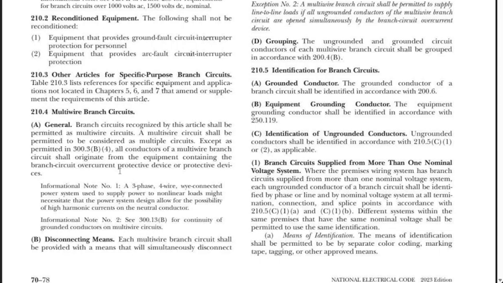But the way the code writes it is, all conductors of a multi-wire branch circuit shall originate from the equipment. Notice they're not saying the panel. They're saying from the piece of equipment that has the overcurrent protection device. There are all kinds of different types out there, especially when you start getting into the world of machinery.